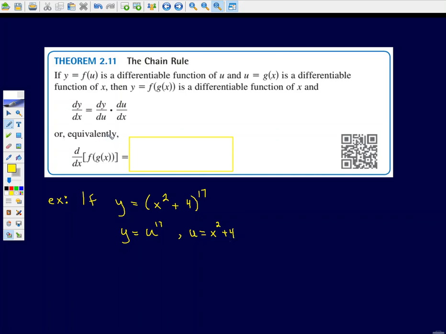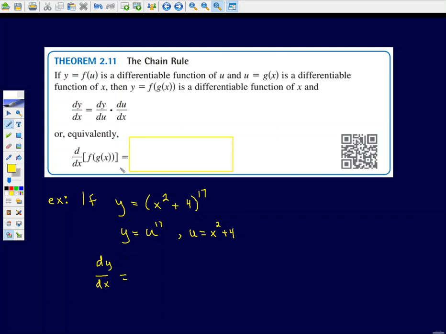So now the end of the theorem: if y equals f of u, then notice if I were to combine this back together the proper way, it would lead back to the original expression. So finding the derivative of this entire original function would be finding dy dx, the derivative of y with respect to the variable x.